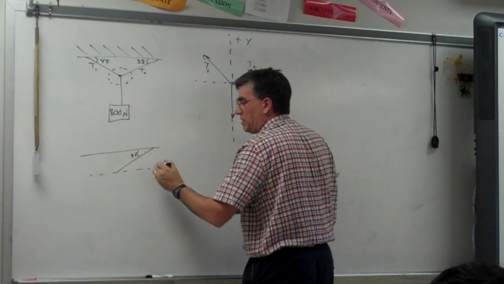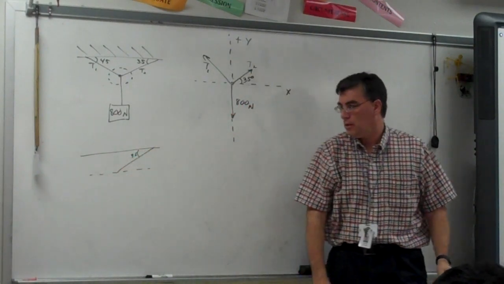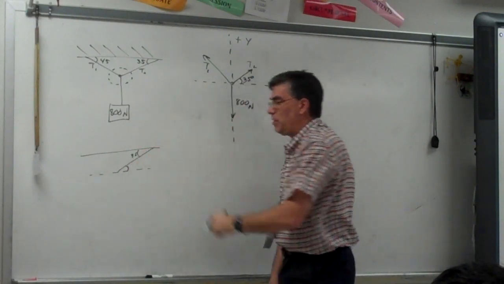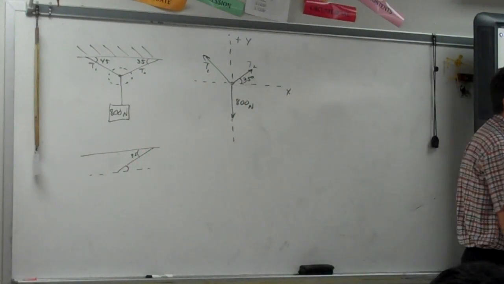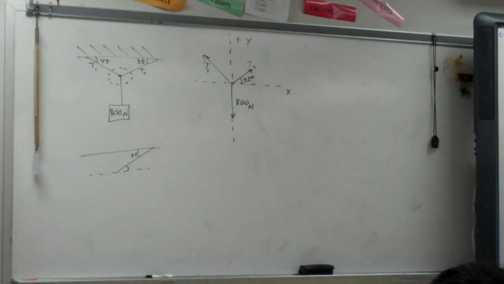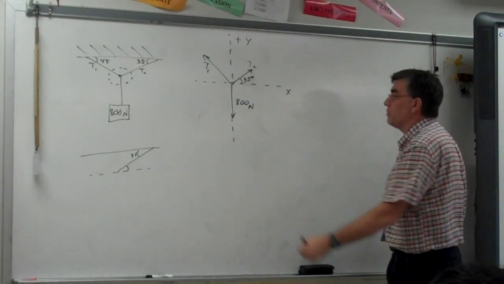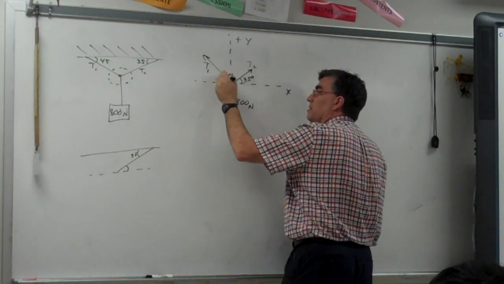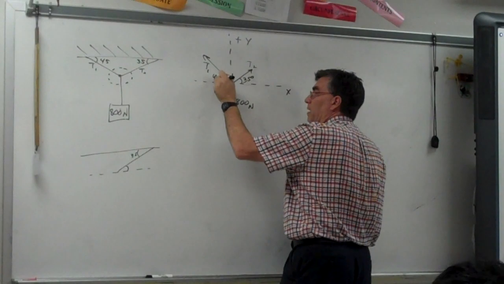If this is the x-axis, these lines are parallel, aren't they? So alternate interior angles are congruent. That's a little geometry thing. When am I ever going to use this? Well, here's where you use it. This is 45 degrees, so by the same logic, this angle here is 45 degrees.